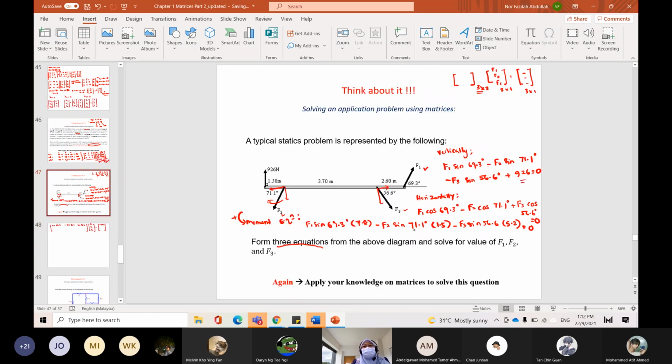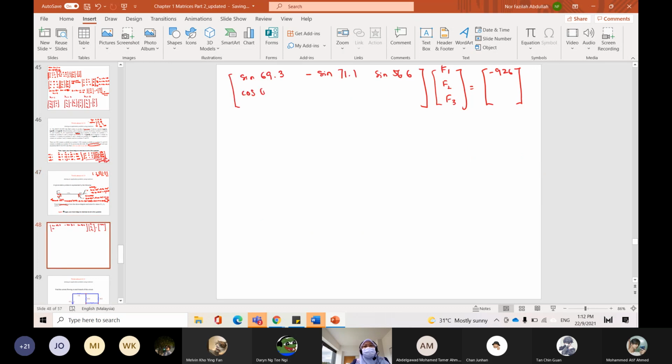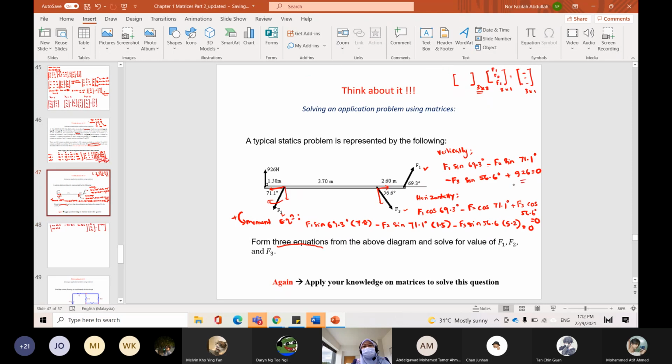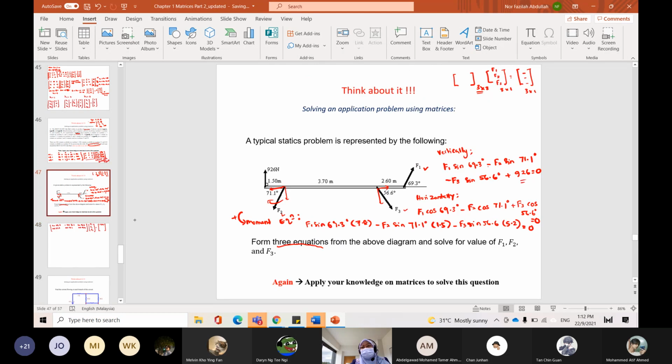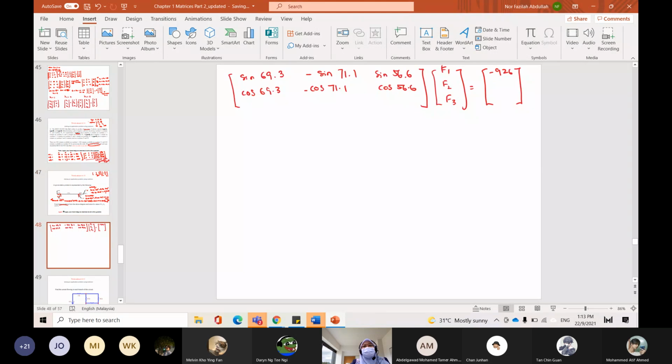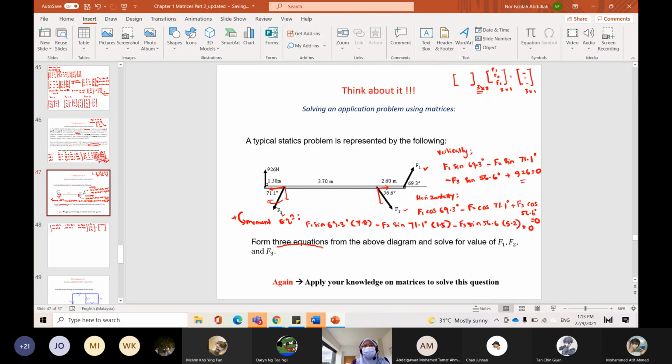The second equation is horizontal, cosine 71 plus, equal to 0. The third one is from the moment, sine, sorry.